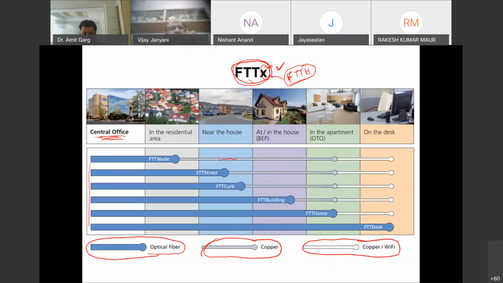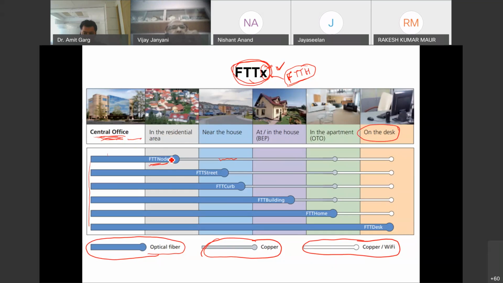Now, this is how the fiber is originating from the central office and up to what extent it is penetrating into the city, or how it is reaching directly to your desk. It is shown here. So FTTN is fiber to the node.